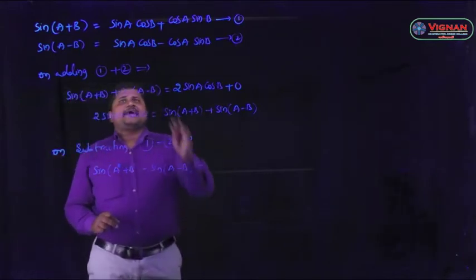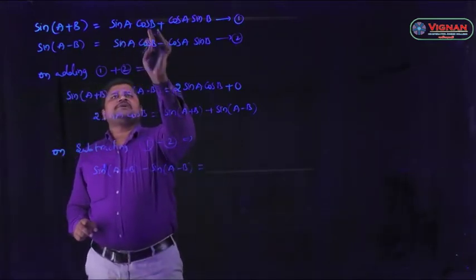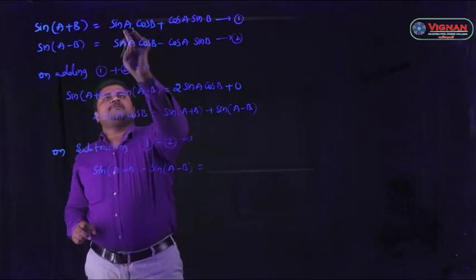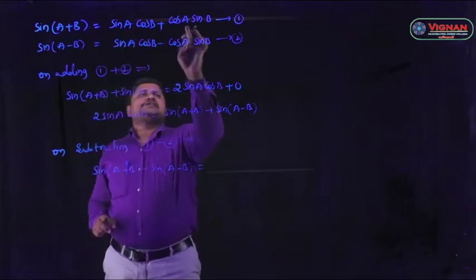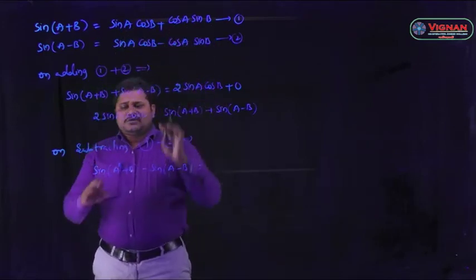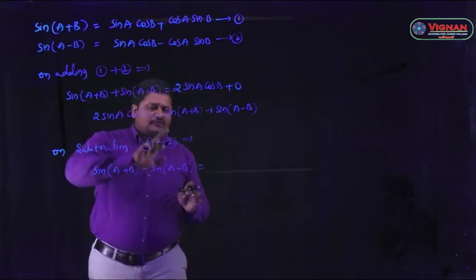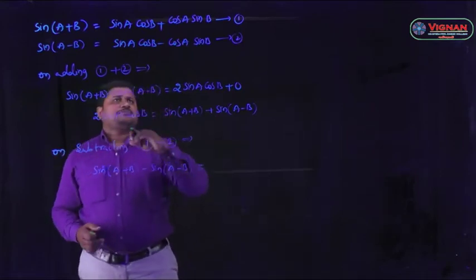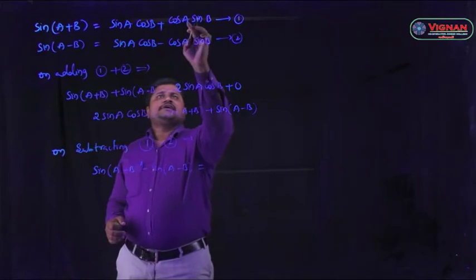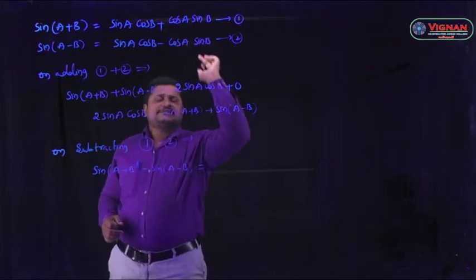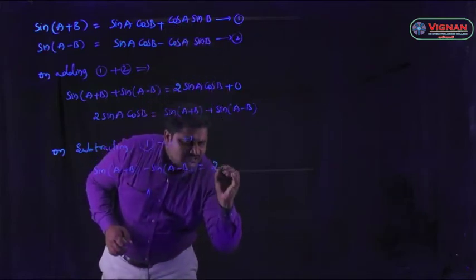Here sin a cos b cancels, since here it is positive and here negative. Here cos a sin b is positive, and subtracting 2 from 1, we get 2 cos a sin b.